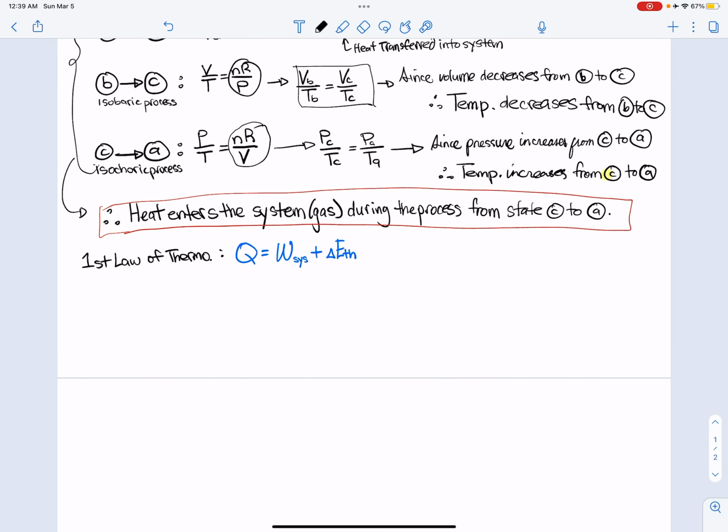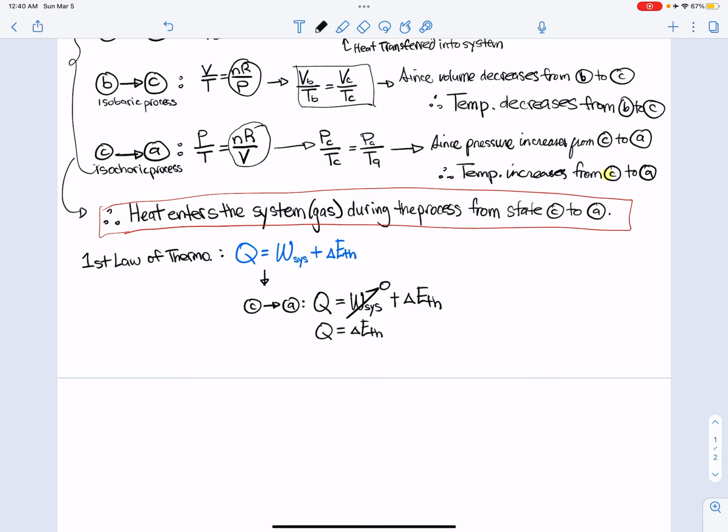So since work is 0, I can simplify the first law of thermo equation to Q equals the work by the system, that's 0, plus the change in thermal energy. So Q is equal to delta E_th.